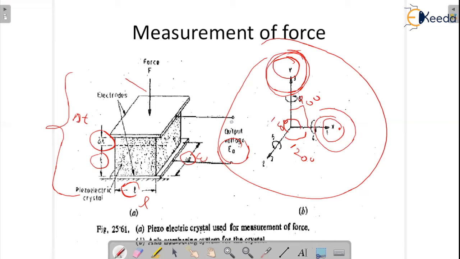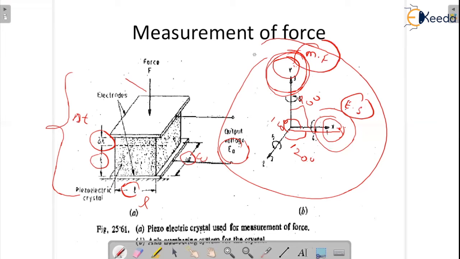Electrical charges appear on the faces of the crystal that are perpendicular, means in this direction you are getting the voltage. That's the reason the concept is reversible. When you apply electrical stress over here, you get mechanical force. If you apply mechanical force over here, you get the electrical charge. Here it is mechanical force, and here it is ES, meaning electrical stress. The concept is vice versa, my dear students.